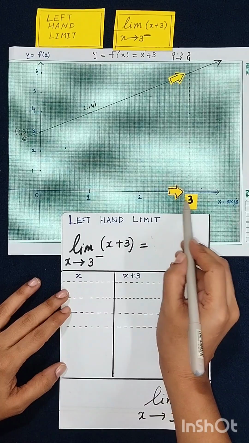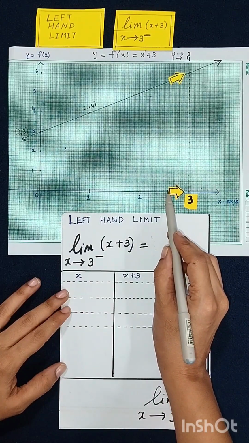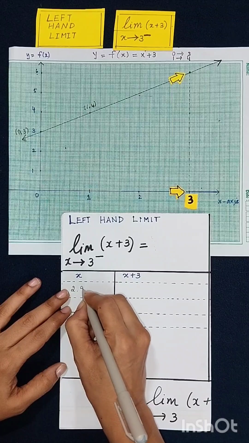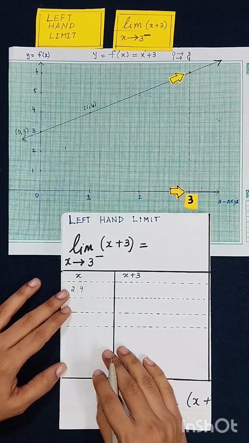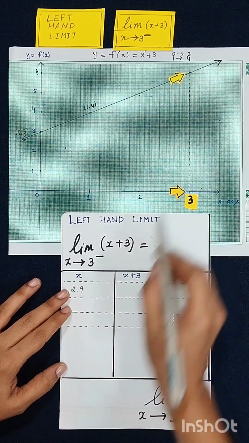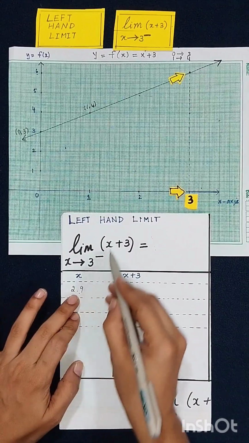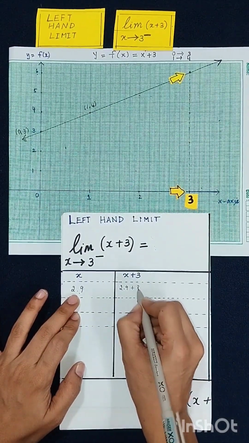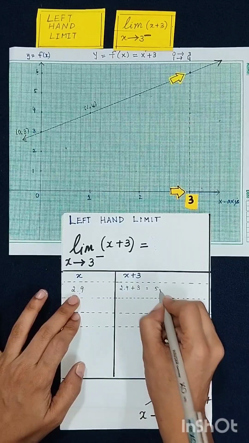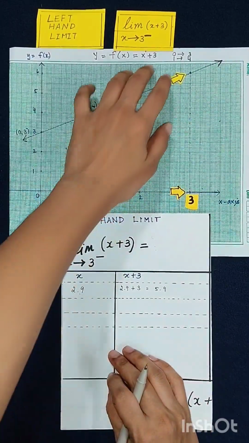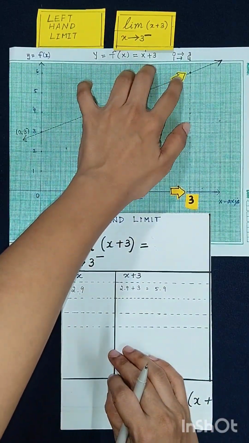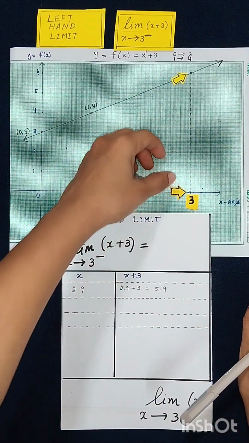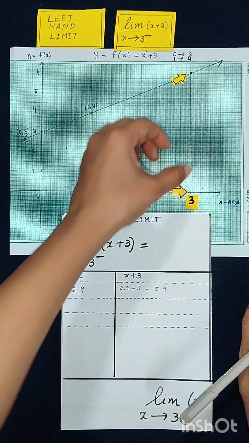Let us approach 3. Let us say that we have taken the point 2.9. If you give 2.9 to this function, the value will be 2.9 plus 3, which is 5.9. Somewhere you will get 5.9 here. Now we'll get even closer to 3.